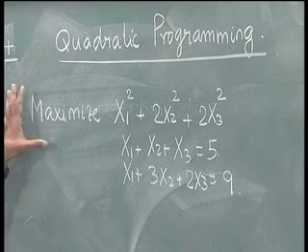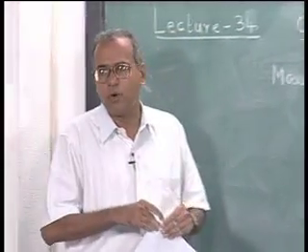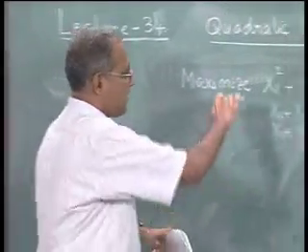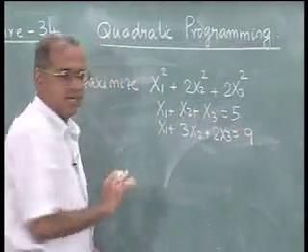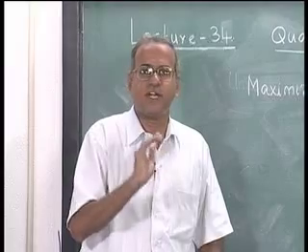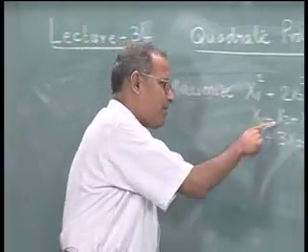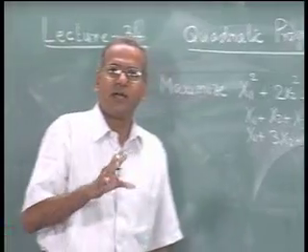Now, this is a maximization problem with constraints. Let us assume that we know how to solve this kind of problem when there are no constraints, that is, dou f by dou x equal to 0, first derivative equal to 0 gives us the solution. But the moment we have constraints, how do we handle that?